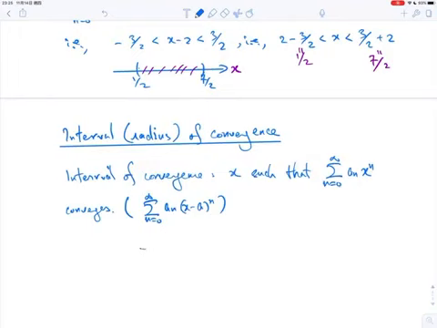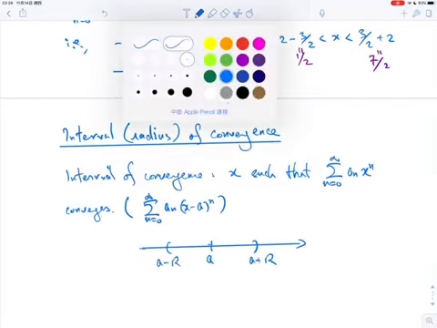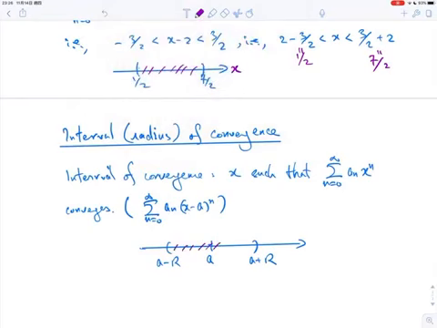the interval of convergence, let me draw a picture. So this is going to be your A, and it turned out that this is going to be a point slightly before A, so it's minus R and A plus R. So everything in between these two values, the series will converge.